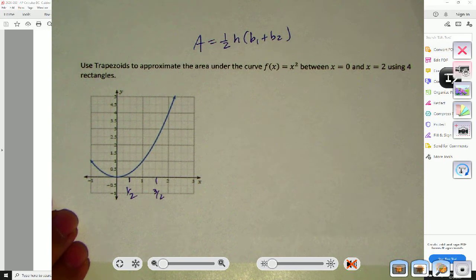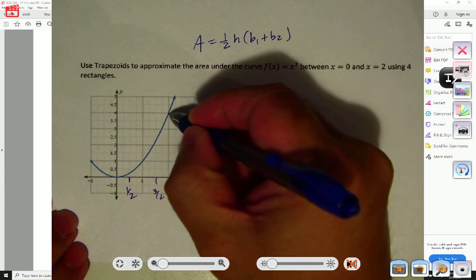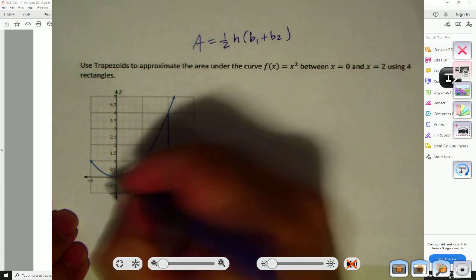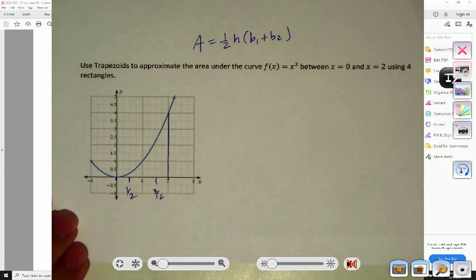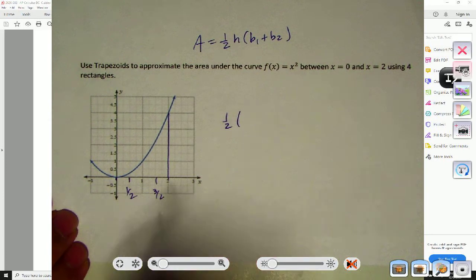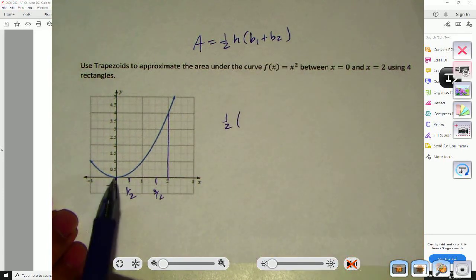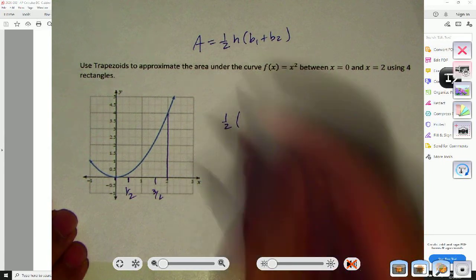Oh, yes. Okay. f of x equals x squared. That's our graph. So we're going to stop there, and we're going to begin here. Okay. So each subinterval here is 1/2 unit wide, and the left endpoint here is 0. Right? I'm plugging in 0 and getting 0 for y, so it's 0.